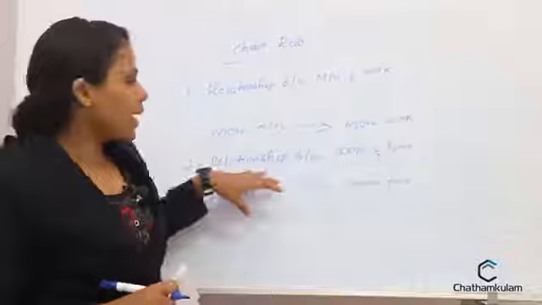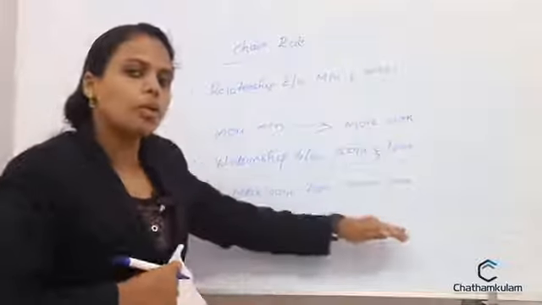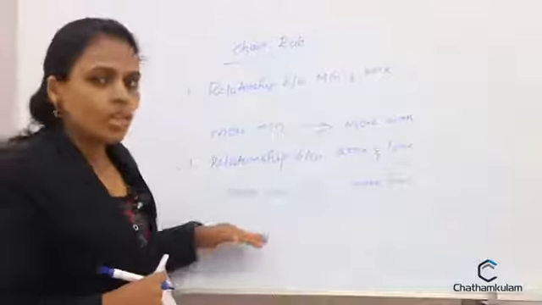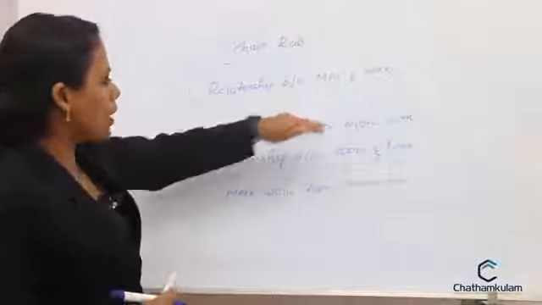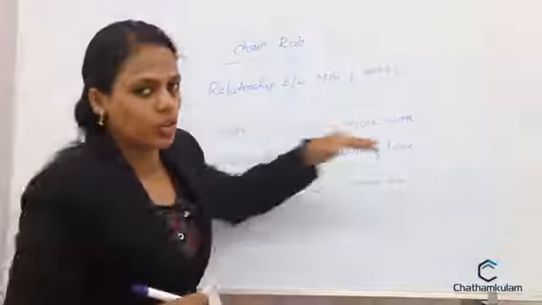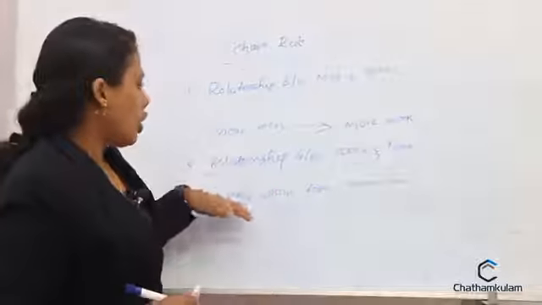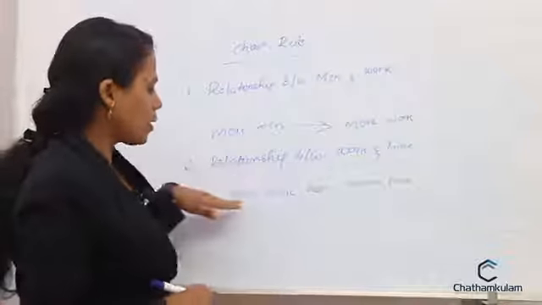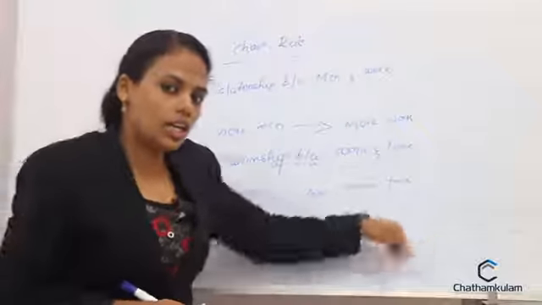In this relationship between work and time, more work takes more time, and less work takes less time. And before that, in men and work, less men can do less work. In the same case, more men can do more work. In work and time, more work takes more time, less work takes less time.